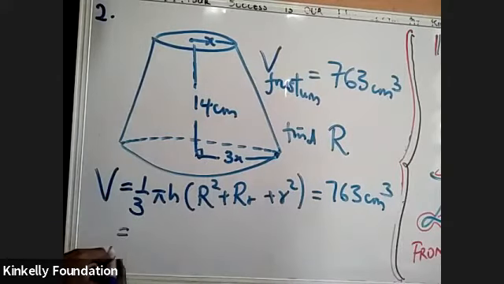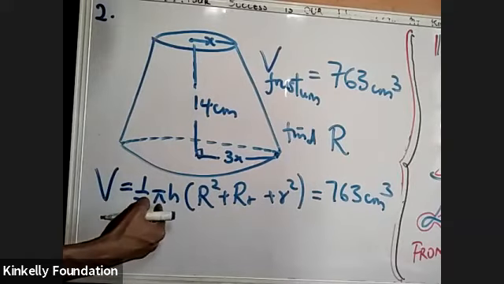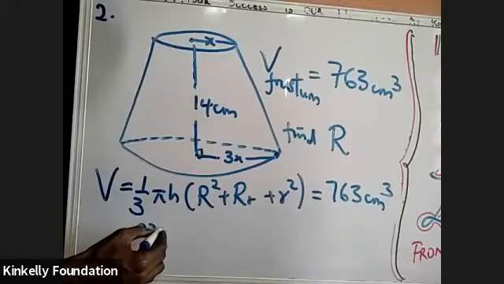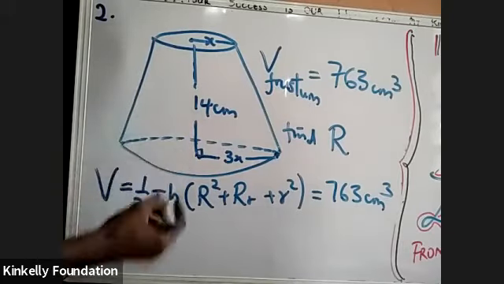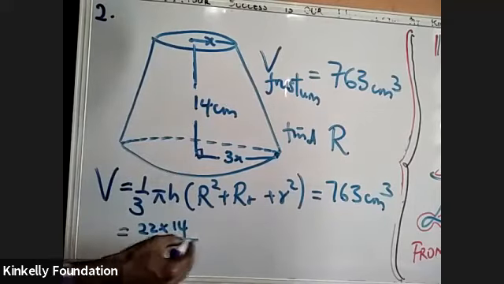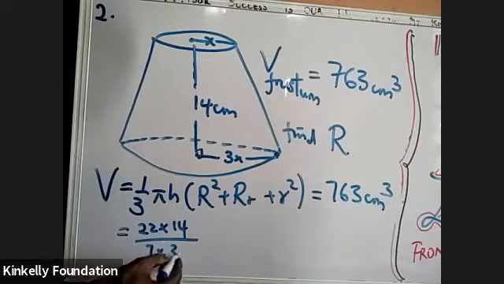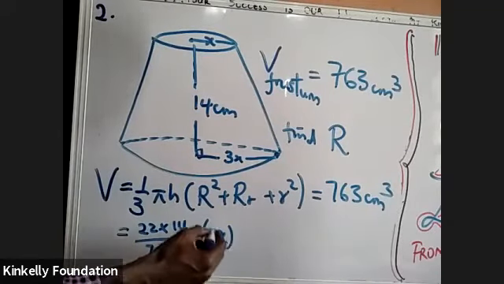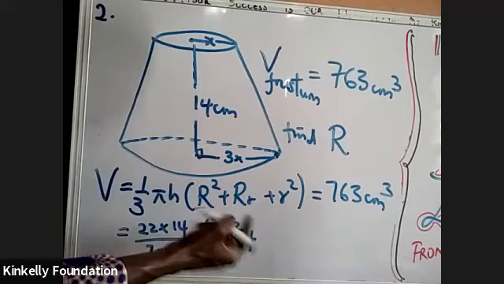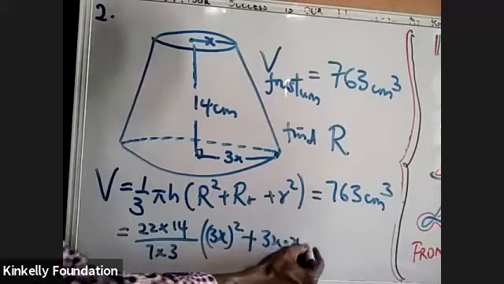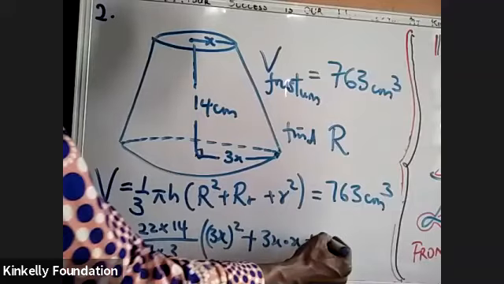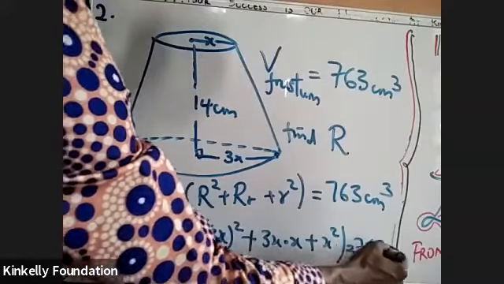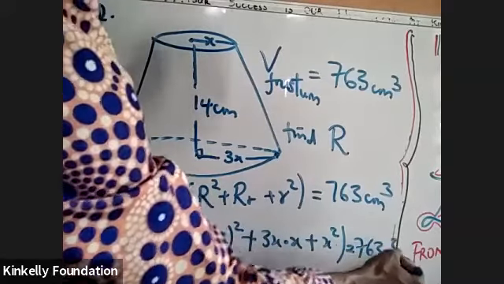So we now have 22/7 times the height, which is 14, all over 3, times 3x squared plus 3x times x plus x squared, equal to 763 cm cube.